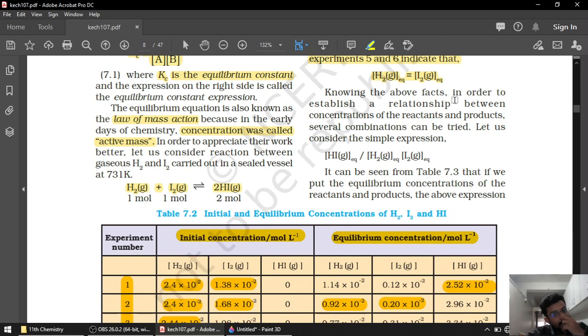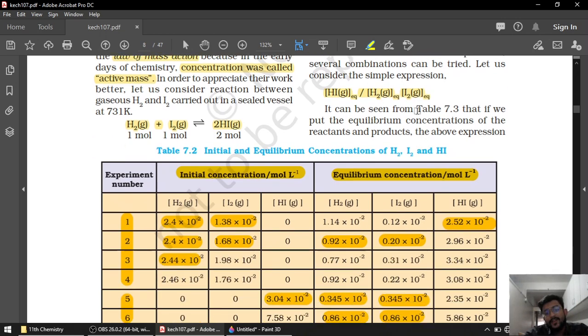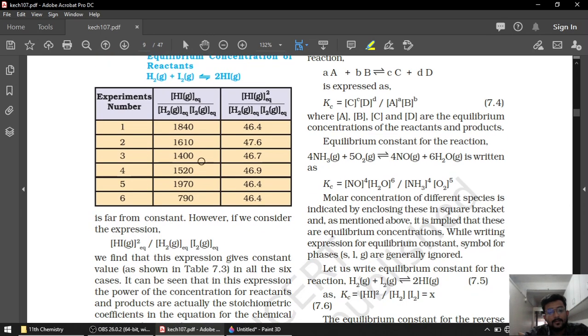Knowing the above facts, in order to establish the relationship between the concentration of the reagents and product, we can form a formula: HI concentration divided by H2 and I2 concentration, using equilibrium concentrations. But if we use this equation, very different values are obtained. It is not a constant value. That means we are missing something: the power of HI.